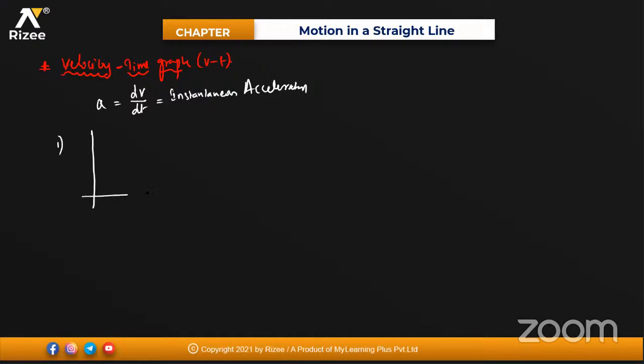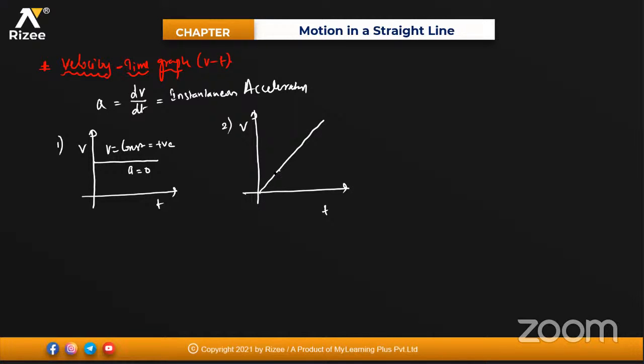If I'm drawing the graph like this, this is your velocity versus your time, a straight line. So velocity will be constant and acceleration will be 0. Clear? If I'm drawing the graph like this, velocity versus time, a straight line passing through the origin, I'm having 2 points here right now. So here it is, say for example, theta 1, and here it is theta 2.